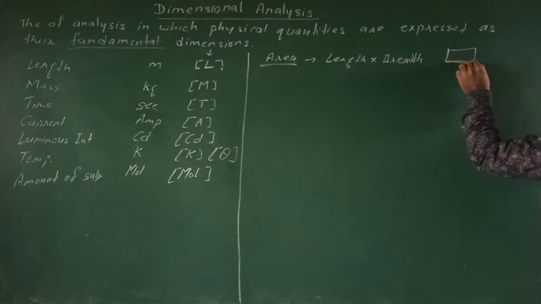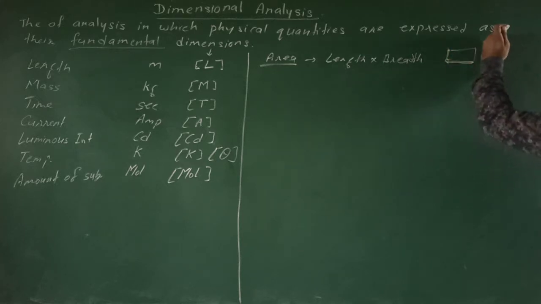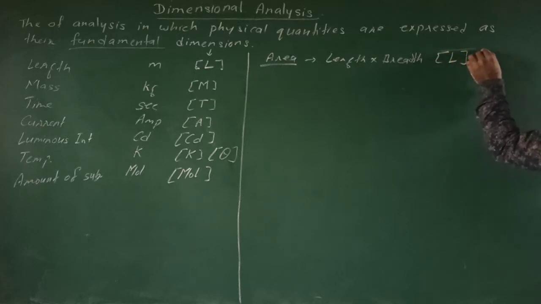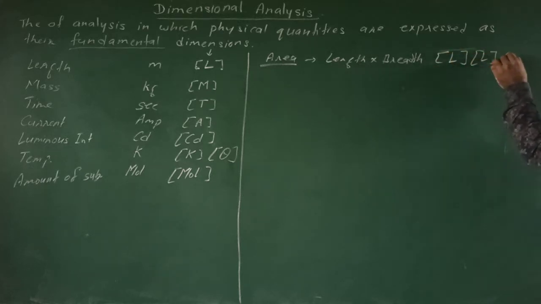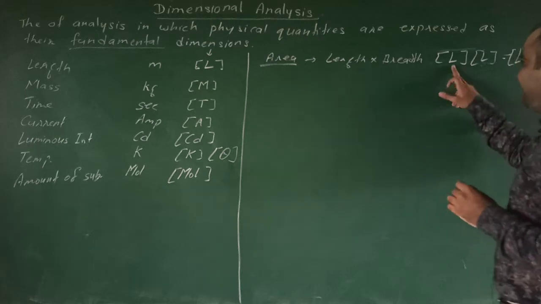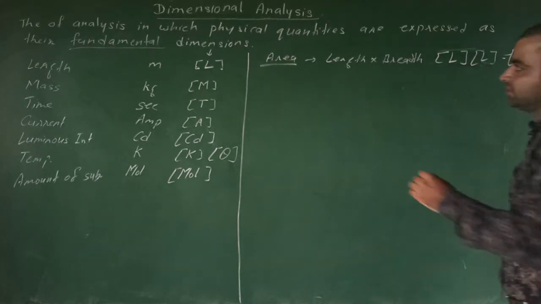One is this length, one is this length. Two lengths means L into L. So the dimension will be L2. Is it clear? Dimension for length L and for area L square.